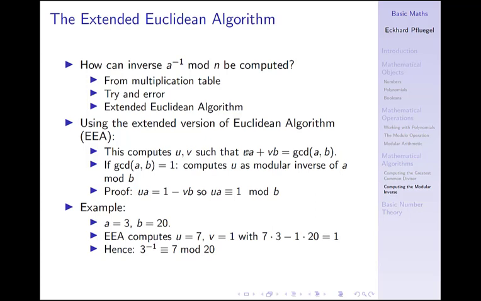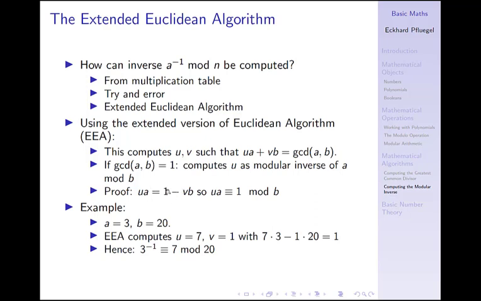Well, it's actually quite easy to see, because if you look at this equation here, and you imagine that the GCD is indeed 1, because we have just assumed that A and B are coprime, then this equation here is the same as UA equals, so I'm just bringing this term to the other side, and the GCD is 1, so really all we get is UA equals 1 minus VB.